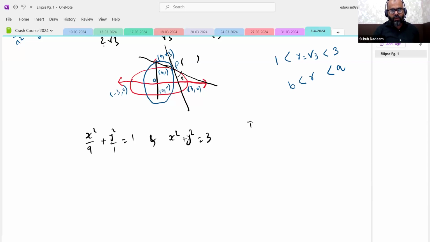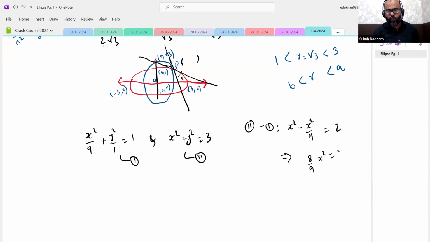So let us subtract equation 1 from equation 2. We get x square minus x square by 9, and y square minus y square will be 0, 3 minus 1 will be 2. So 8 by 9 x square is equal to 2.